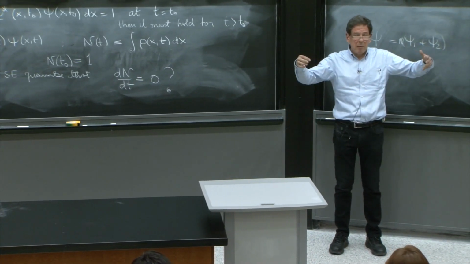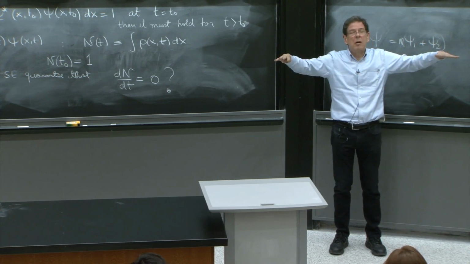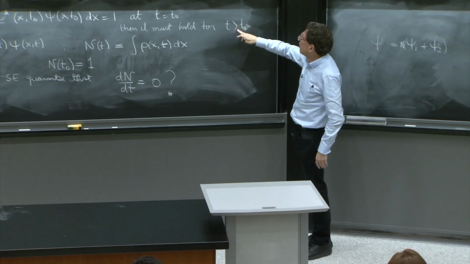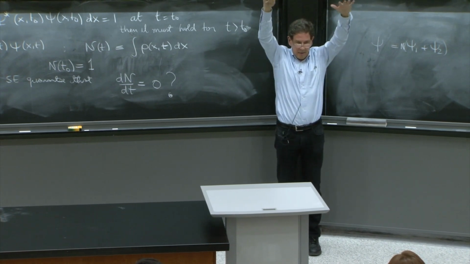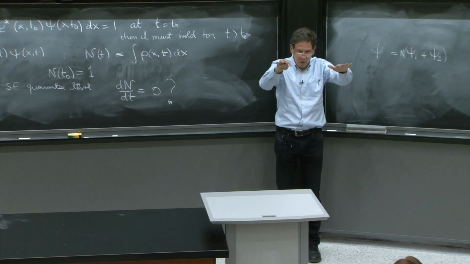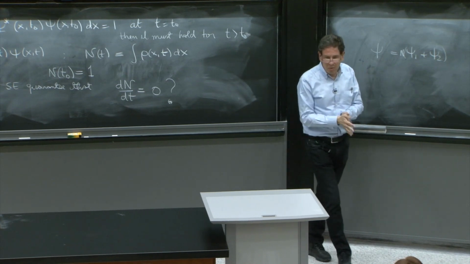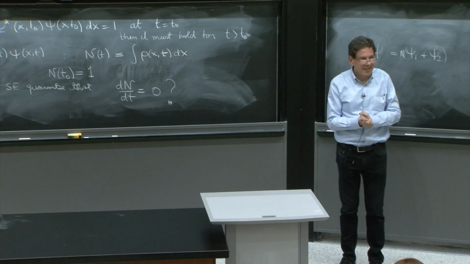Now, if a system existed for a long time and you look at it at t naught, then certainly the Schrödinger equation should imply that it works later and it works before. So it's not really necessary, but no loss of generality.